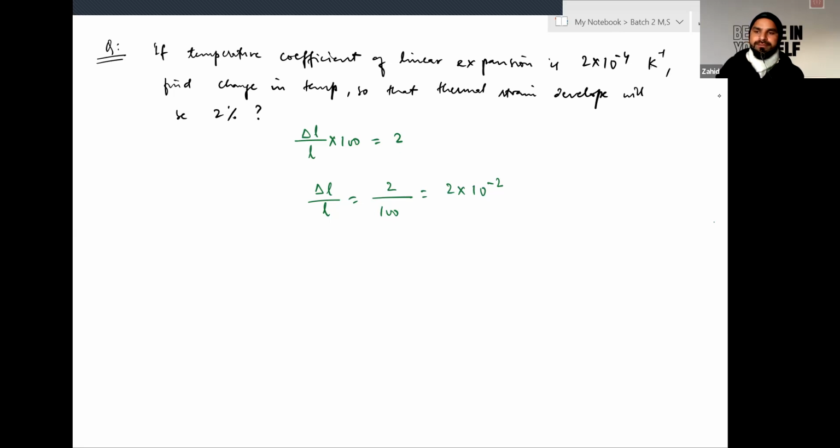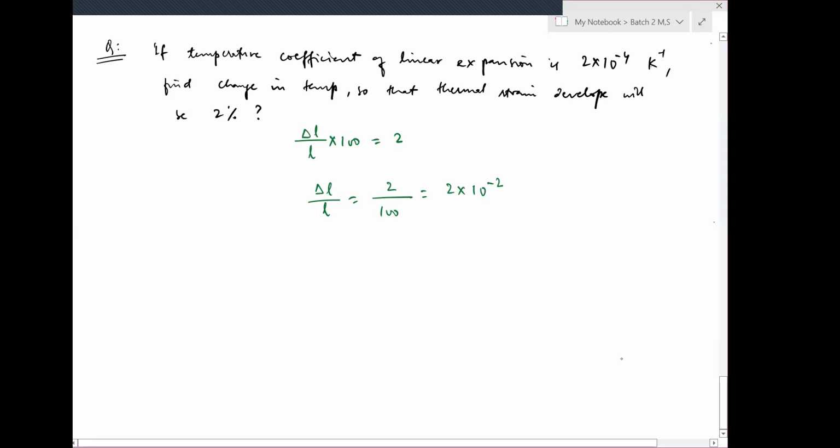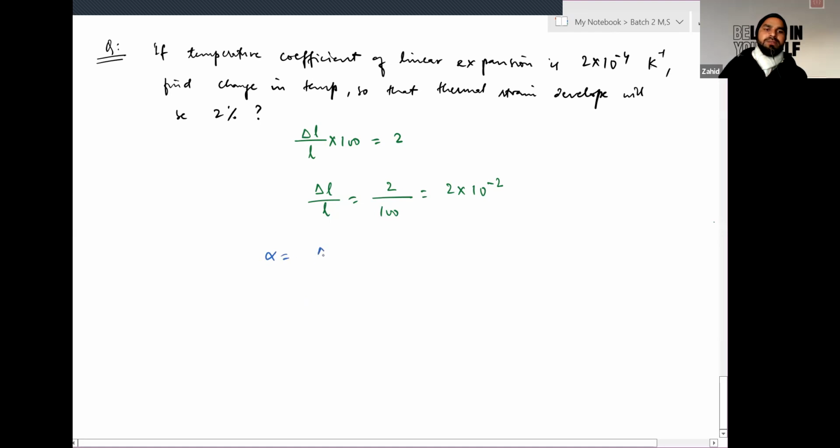Good, Samaira. Sir, can you please do it once? Okay. According to the relation, alpha equals delta L divided by L naught times delta T. So we have to calculate delta T. So delta T equals delta L by L divided by alpha.